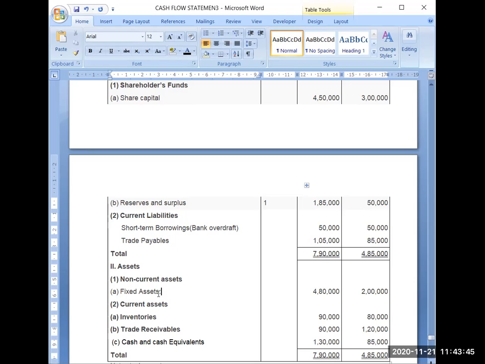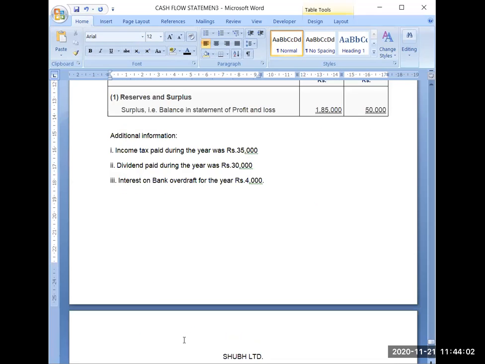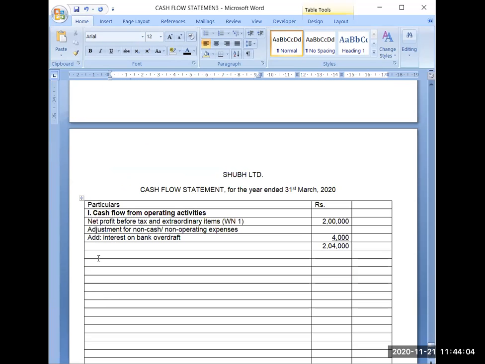I don't have any information regarding interest received or dividend received because there are no investments. Then I don't have any information regarding rent received also because I don't have any land or any building which is mentioned here, or any information in the additional information section also. So that's why in this question, I can be assured that I don't have any non-operating income.